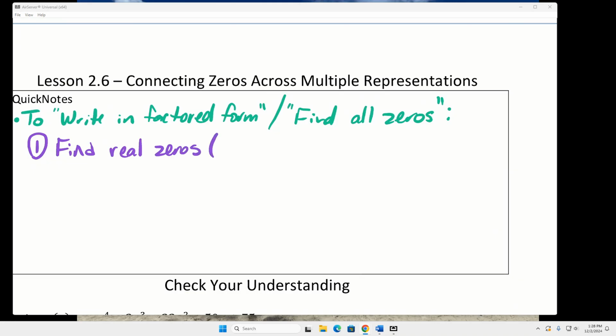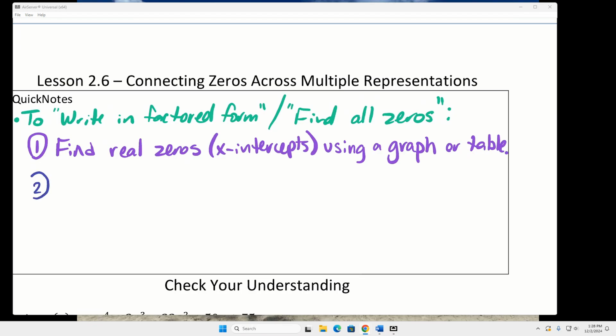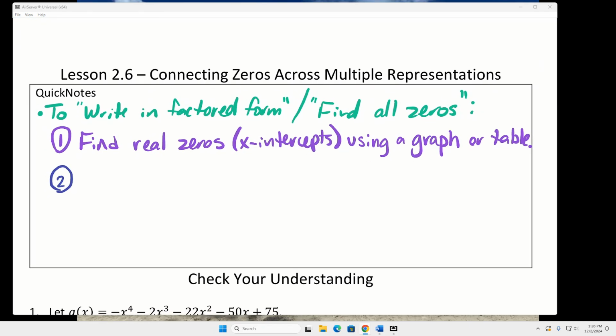What are the real zeros going to look like on the graph? X-intercepts, good. So we're going to find the real zeros or x-intercepts using a graph or a table, up to you. Then we're going to use synthetic division or long division if you like that better. I like synthetic better though.